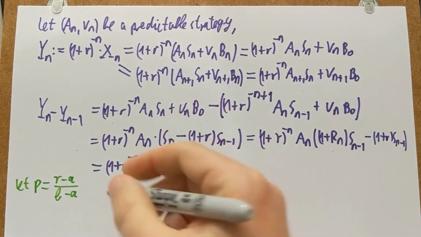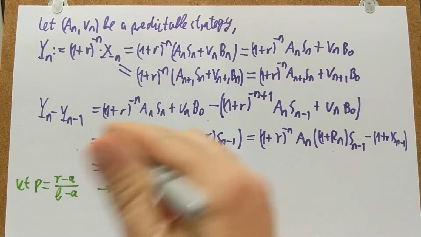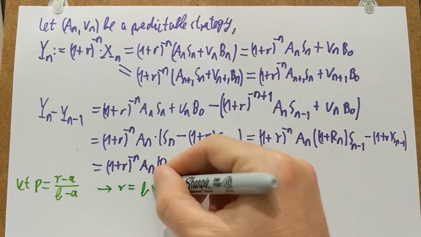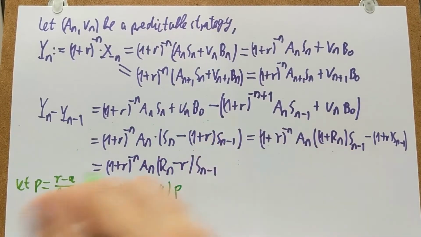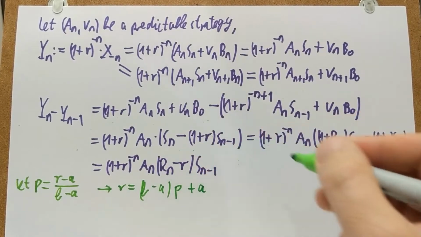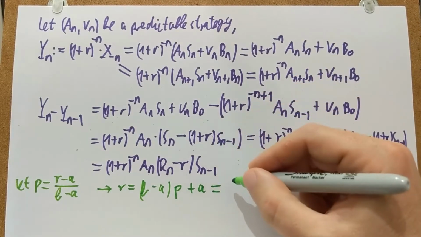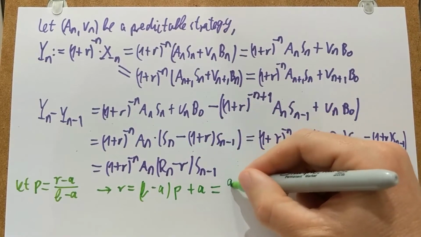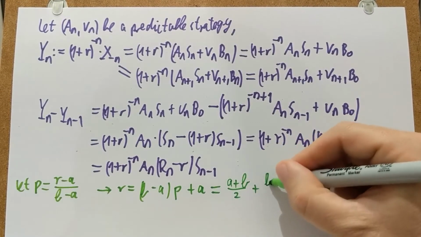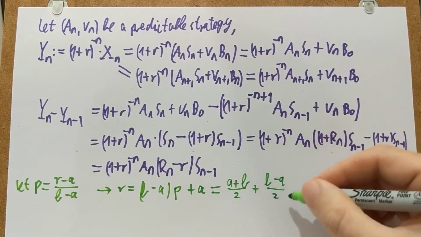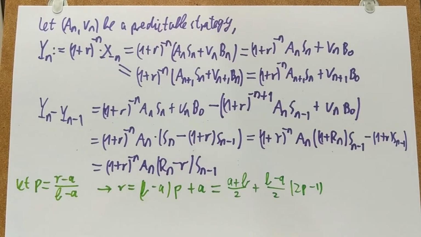And first I do some calculations with this p-value. Let's solve it for r first. So what is r? R is going to be, if I cross multiply, b minus a times p. So far it's r minus a, so if I add a, then this is what r is. And there is a nice way of rewriting that, and that's a plus b over 2 plus b minus a over 2 times 2p minus 1. Why is that?